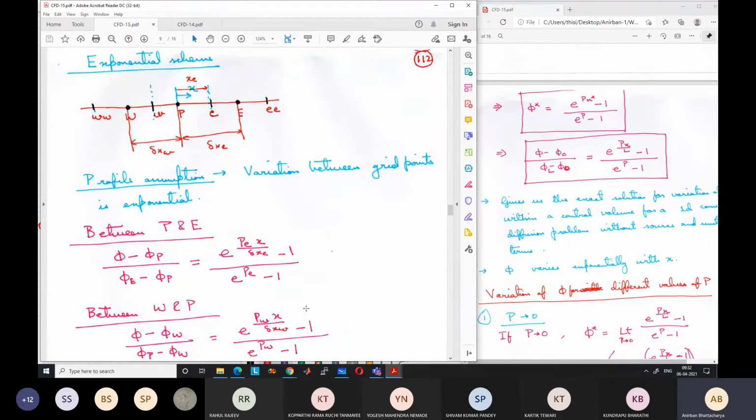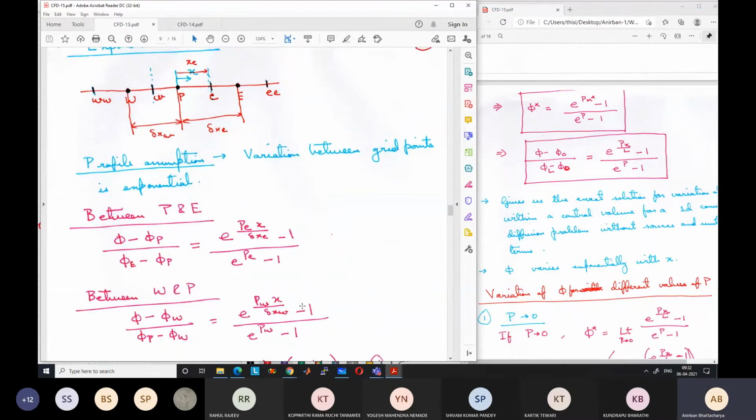Similarly, between W and P, phi minus phi W. Remember that instead of P, you should take W, and take P instead of E here, because previously the western side was P and the eastern side was E. Now the western side is W and the eastern side is P. So we will replace all the P by W and all the E by P in the expression.